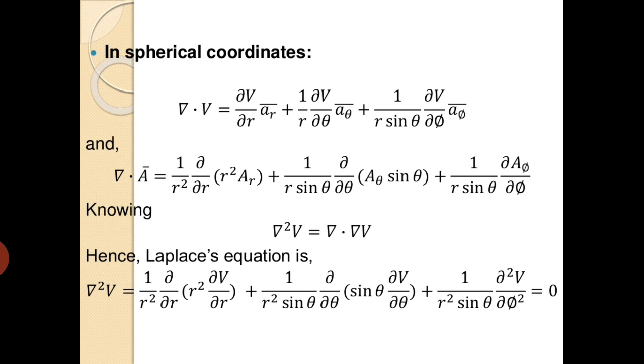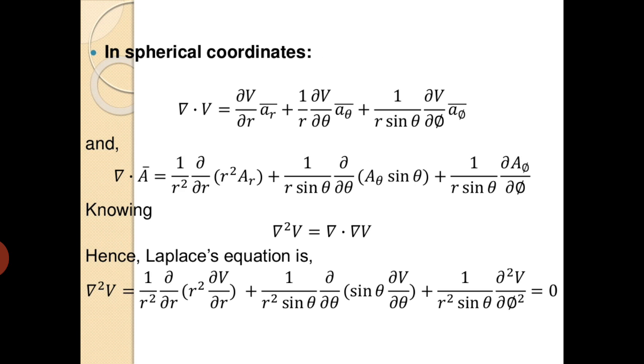Now for a vector field A, del dot A is equal to 1 upon r square dou by dou r of r square ar, plus 1 upon r sin theta dou by dou theta of a theta sin theta, plus 1 upon r sin theta dou a phi by dou phi. This is in terms of the vector field.